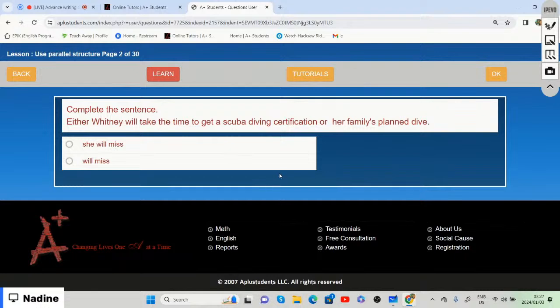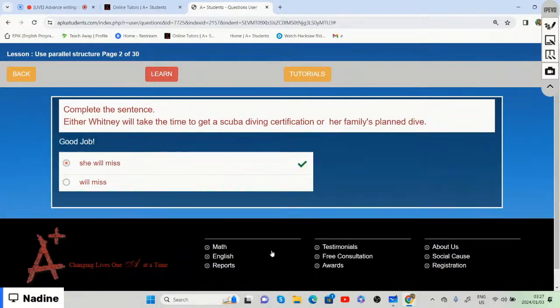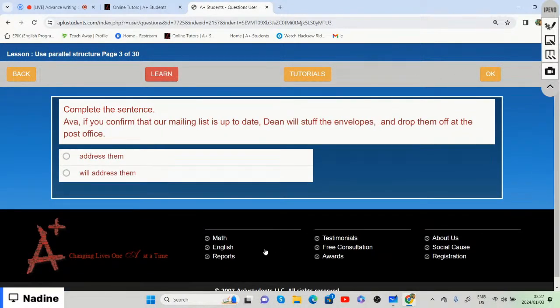Dive. I want to say drive, so dive. So we can then say, or she will miss her family's planned dive. She will miss, which means that she can get the certification, but then it means that she will miss the family planned outing.